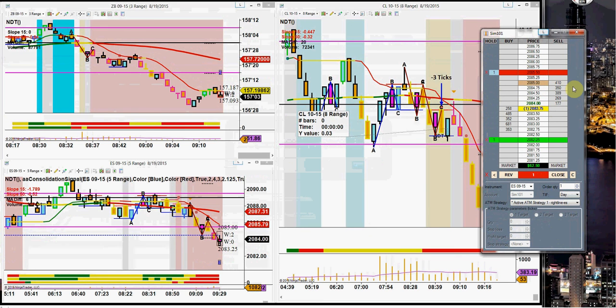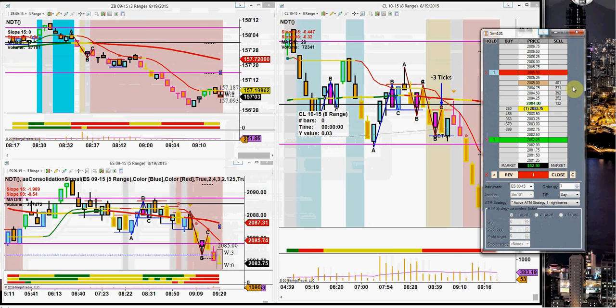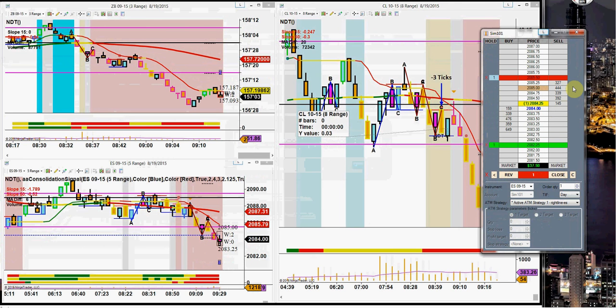Now keep going. And of course you can actually see the chart right here. I'm not going to give too much back on this one. If it does come all the way back, we'll just go ahead and let it stop us out.